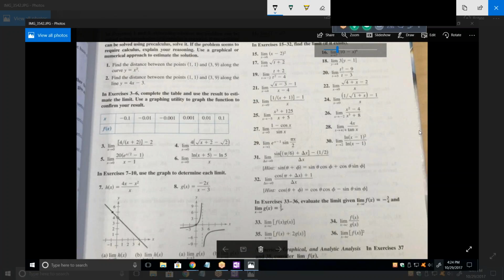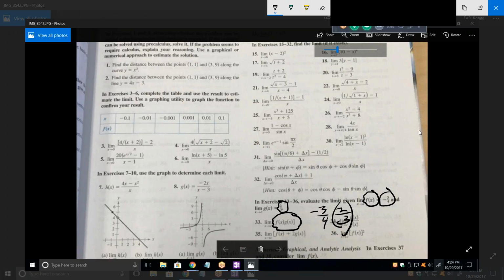And the rules of limits are the limit of a product is the product of each limit. So the answer to this is minus 3/4 times 2/3. In other words, the limit of f of x is minus 3/4. The limit of g of x is 2/3.